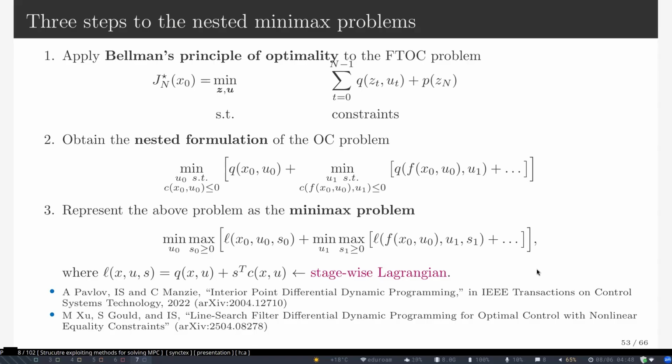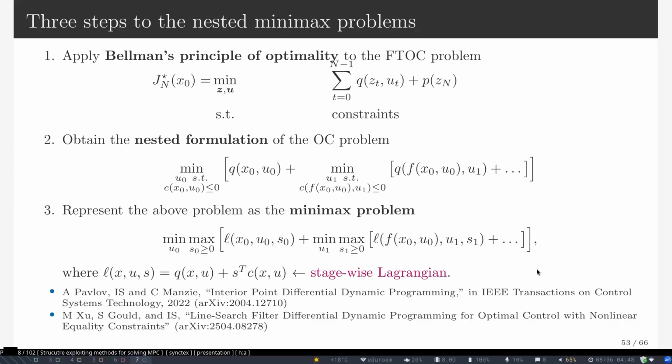So what it really does is that we can start at the end. We can end up with this nested solution. I start from the latest optimization problem, solve that, feed it back to the previous step, feed it back to the previous step, and go to the beginning of the chain.